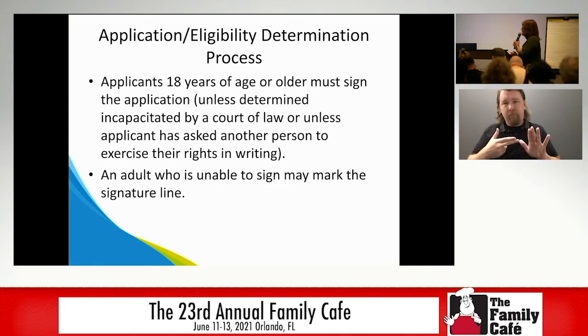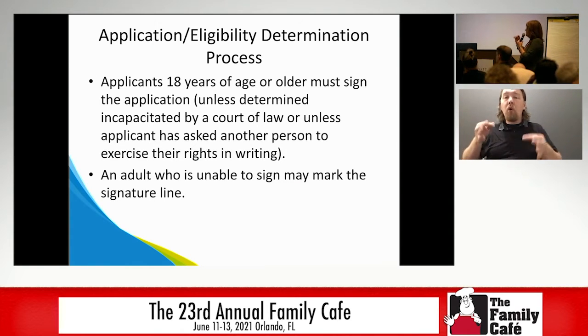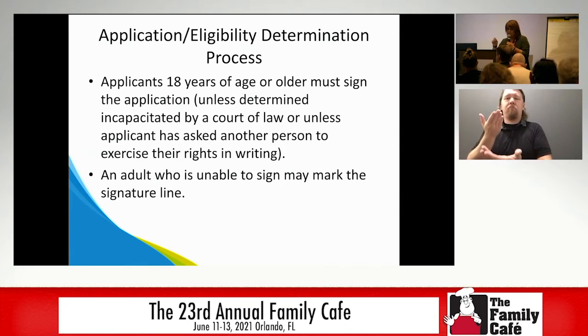In that case, someone else can sign it for them, someone that has already been determined, either their legal guardian or legal representative, or who has the right to sign documents for them. If there's an adult who's unable to sign it, but they're capable, meaning that they haven't been determined incapacitated, they can mark the signature line, and someone else can validate and witness and just say this is their signature.